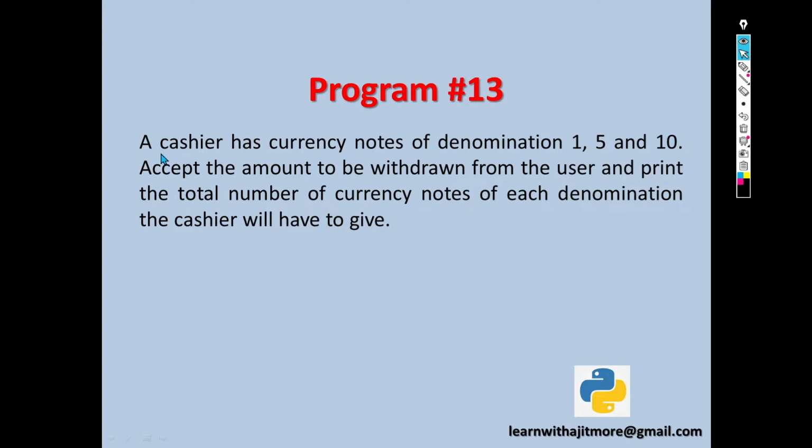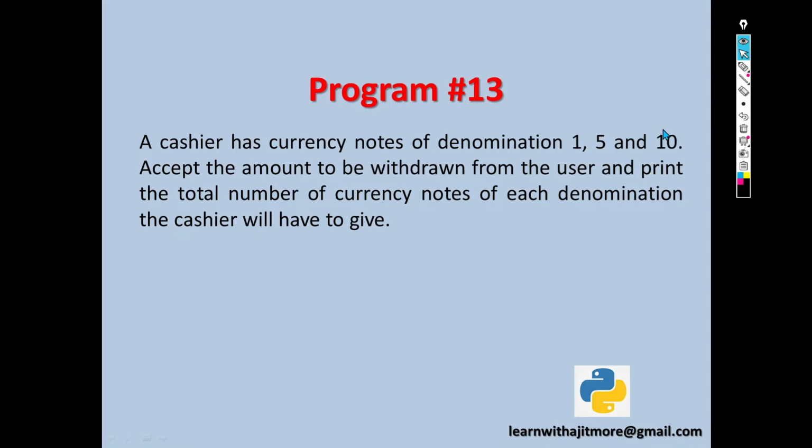See here, the problem 13 is a cashier has currency notes of denomination 1, 5 and 10. Means that currency value is value 1, value 5 and value 10. Now that cashier is having any amount of 1 rupee note, 5 rupee note, 10 rupee note.